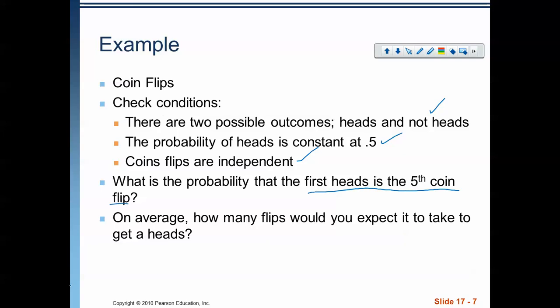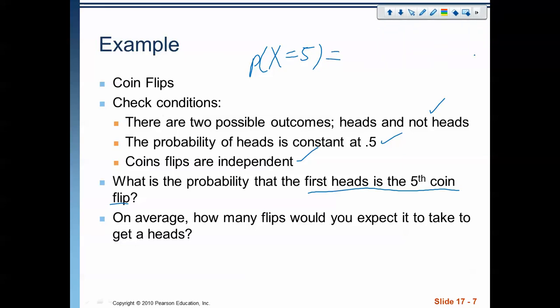So we use our model. This is going to be P of x equals 5, because they're saying this is the first one. The 5th one is the first heads. And what that equals is what I had in my formula from the last slide, which I'll just write up here real quick.